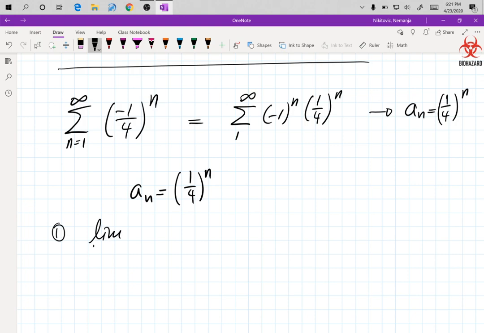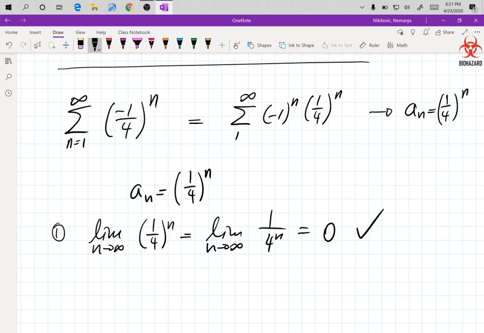That's the easier one. Limit as n goes to infinity of (1/4)^n is equal to 1/infinity, right? And 1/infinity is 0. So this is satisfied. We have proven that we have a limit equal to 0.